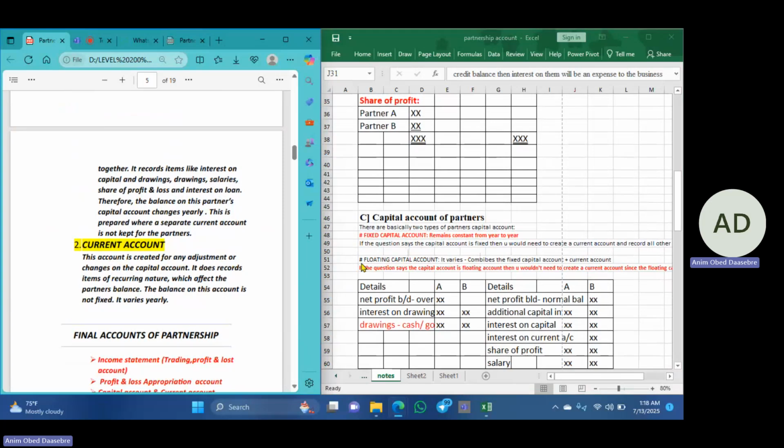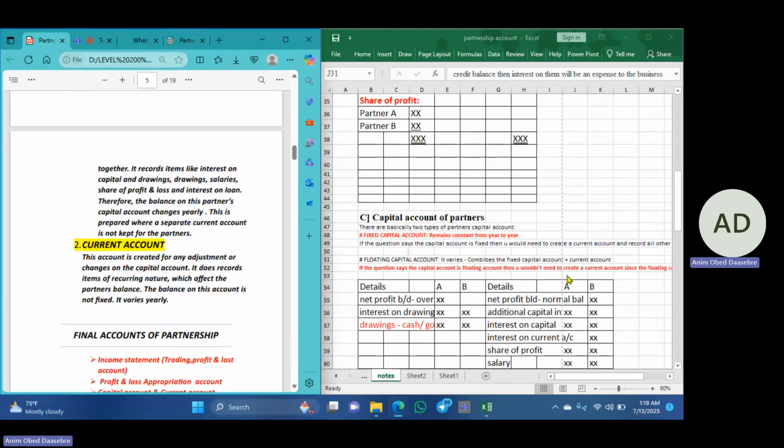So if you don't want to touch it, then we will have to open an account that can help us do any adjustment to the partner's capital accounts. And that account is what we call the current accounts.